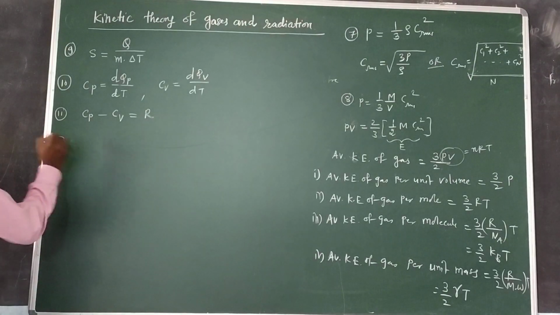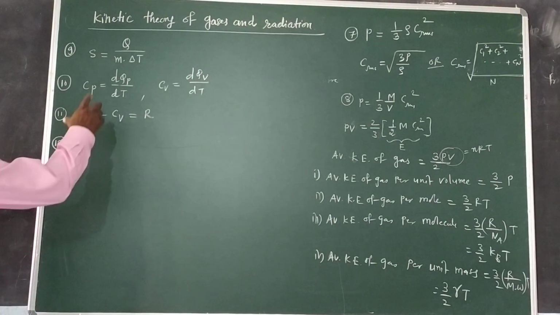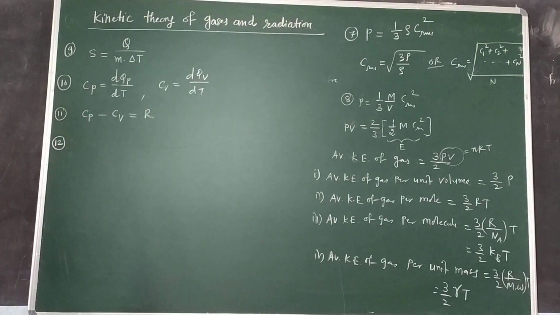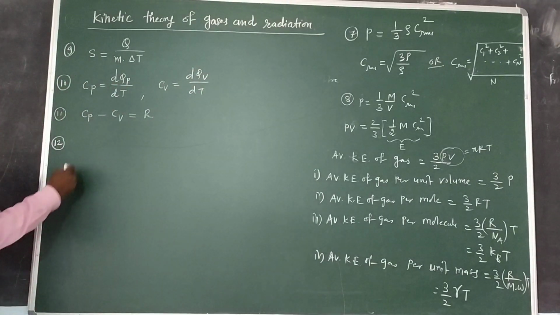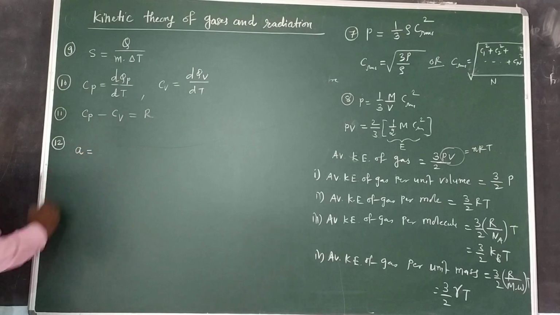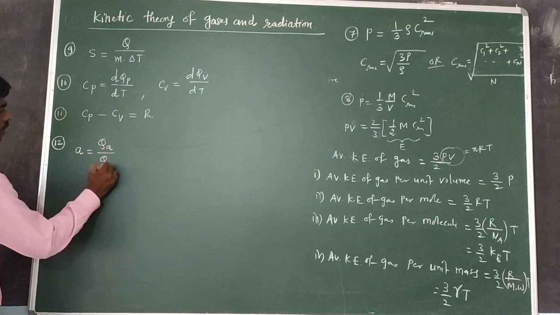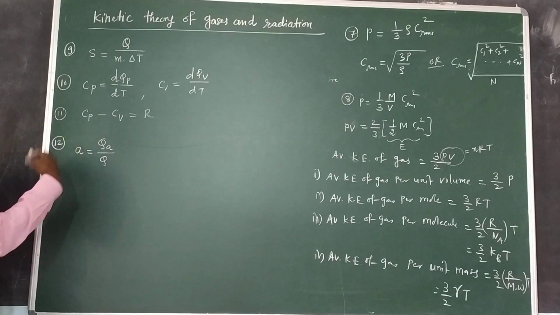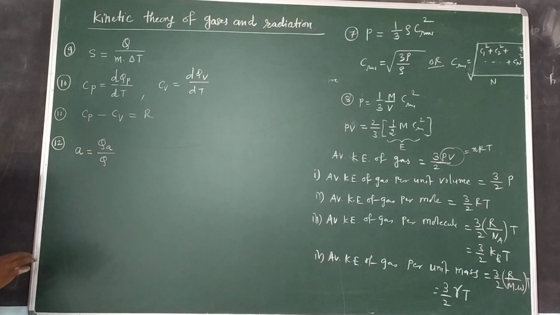Then another important formula regarding radiation. Now some important formulae I will give from the topic radiation. Coefficient of absorption A is given by QA by Q, the amount of heat absorbed by substance to the total amount of heat falling on it.